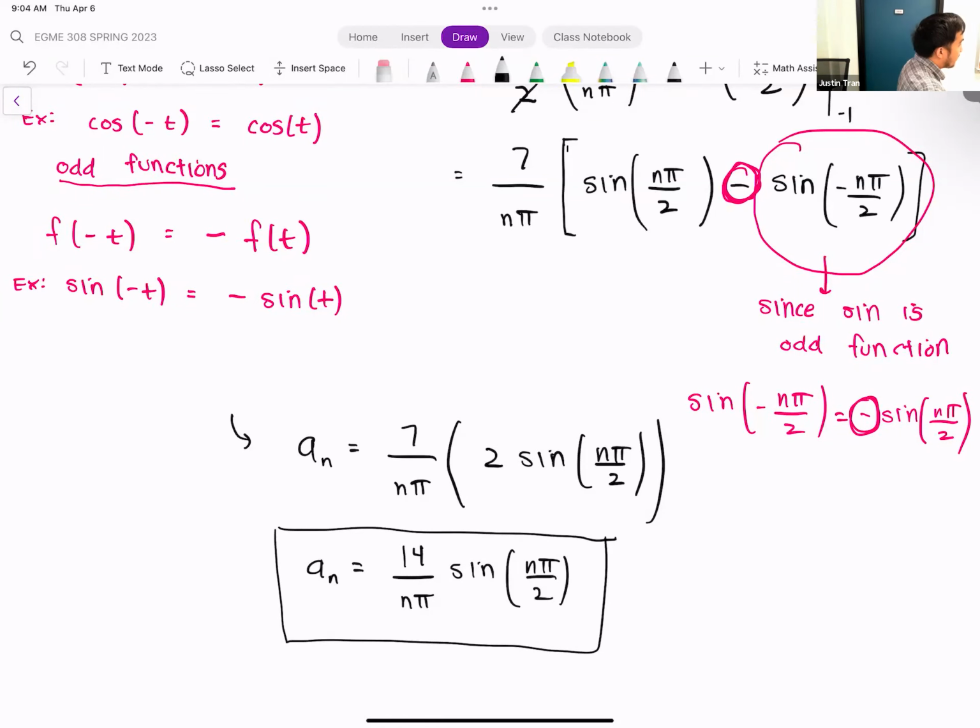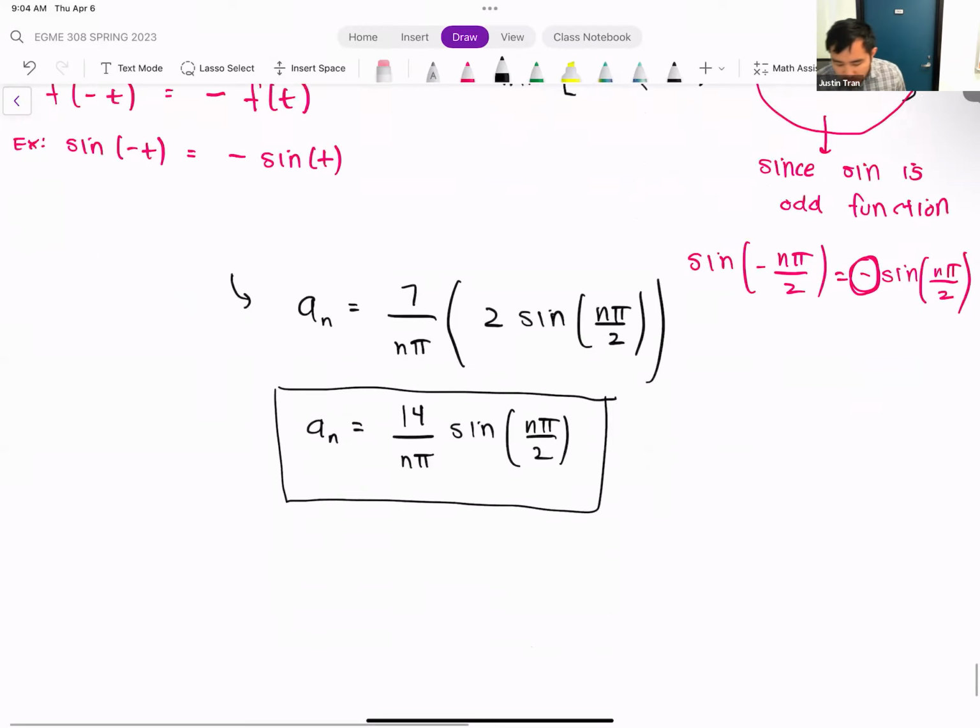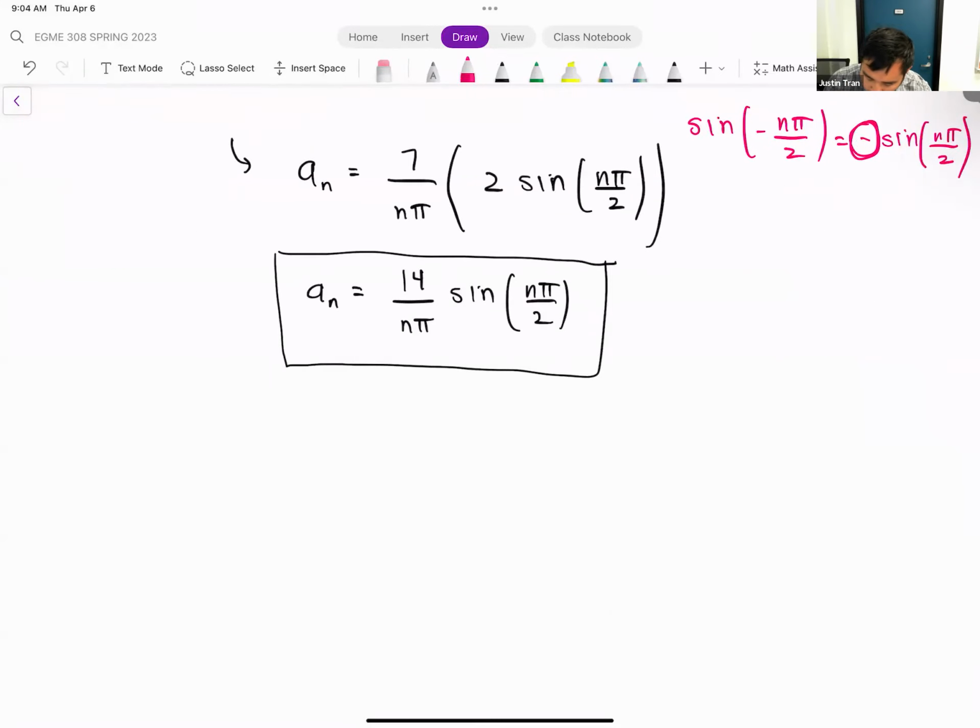So we have A0, we have An. Let's simplify this a little bit because we have that sine of n pi over 2. Remember last time we talked about what to do when you have cosine of n pi, sine of n pi. This one's a little bit different because we have sine of n pi over 2. So let's see what this expression looks like when you plug in various values of n.